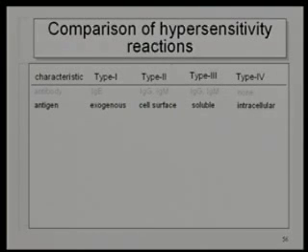In type 3, the antigen is soluble antigen that forms immune complexes and can be deposited in any tissue. The example, of course, was lupus.